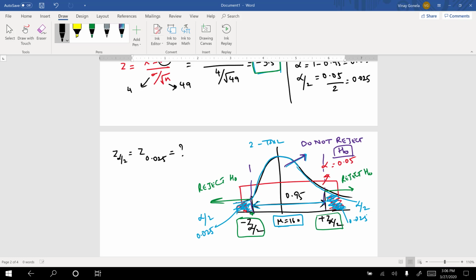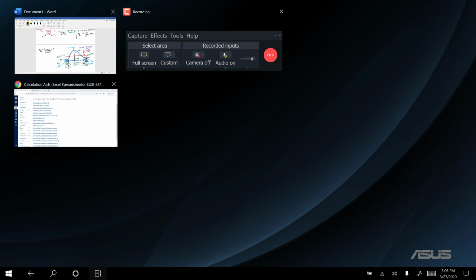I will go to the statistical table, and usually the statistical table is going to give me the left side of the curve. So when I look at z 0.025, it's going to give me this. So I will go to my z table.